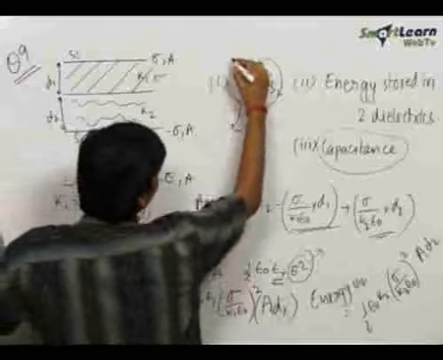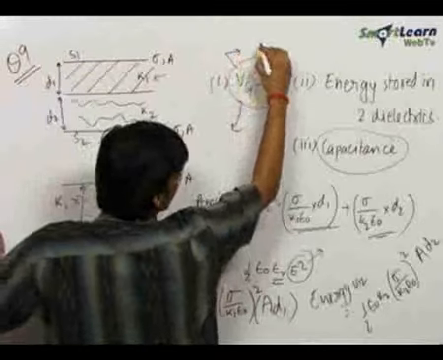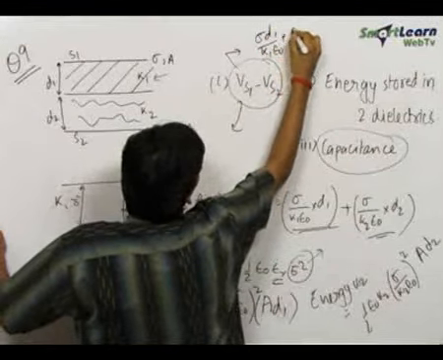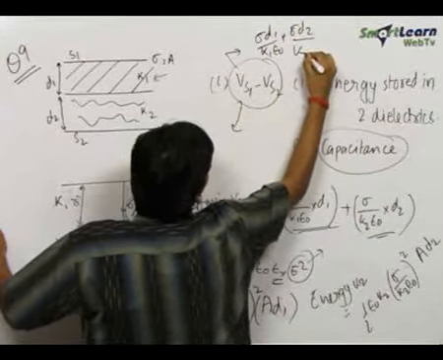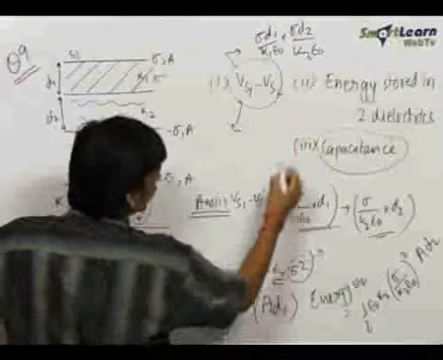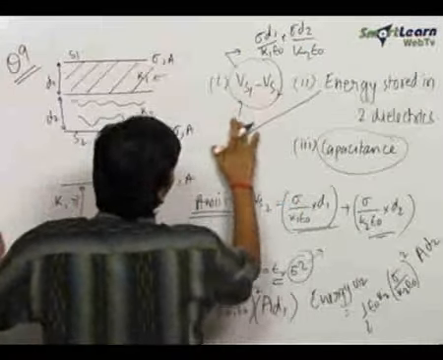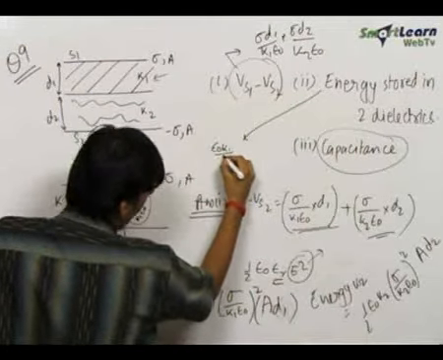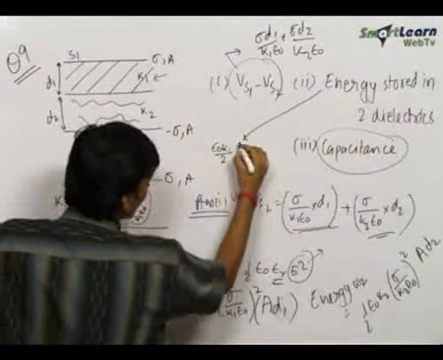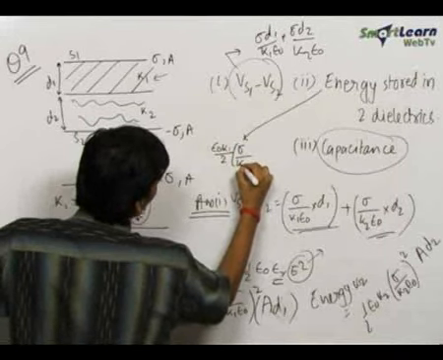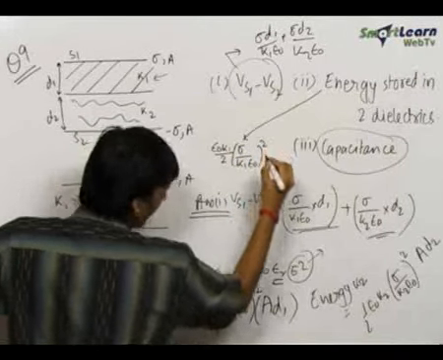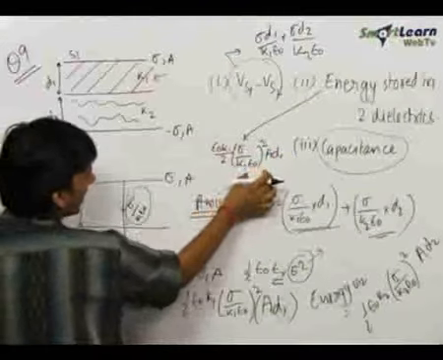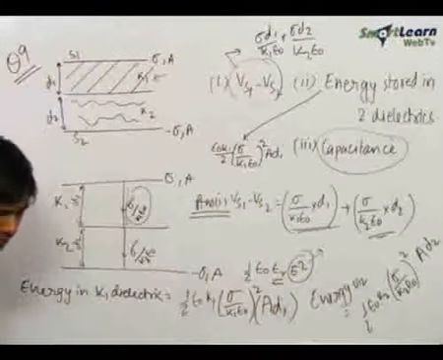Vs1 minus Vs2 comes out to be equal to sigma d1 upon K1 epsilon 0 plus sigma d2 upon K2 epsilon 0. The energy in K1 comes out to be equal to epsilon naught K1 upon 2 into sigma upon K1 epsilon 0 whole square into A d1, and similarly for K2 we can get it by replacing K1 by K2.